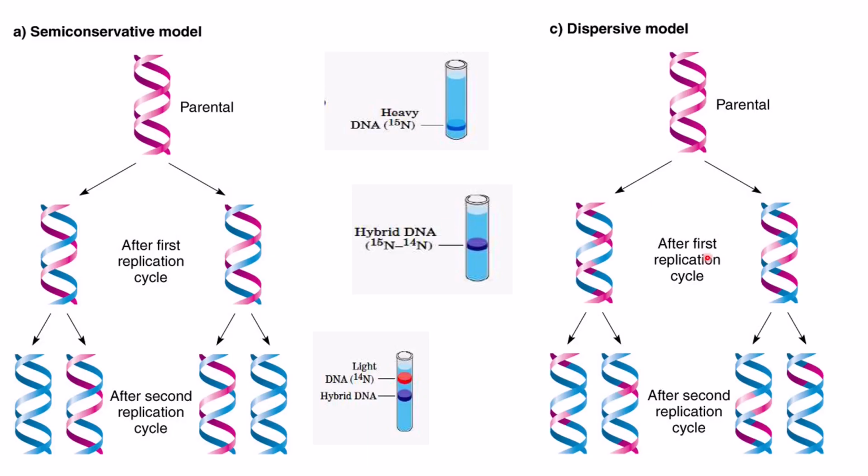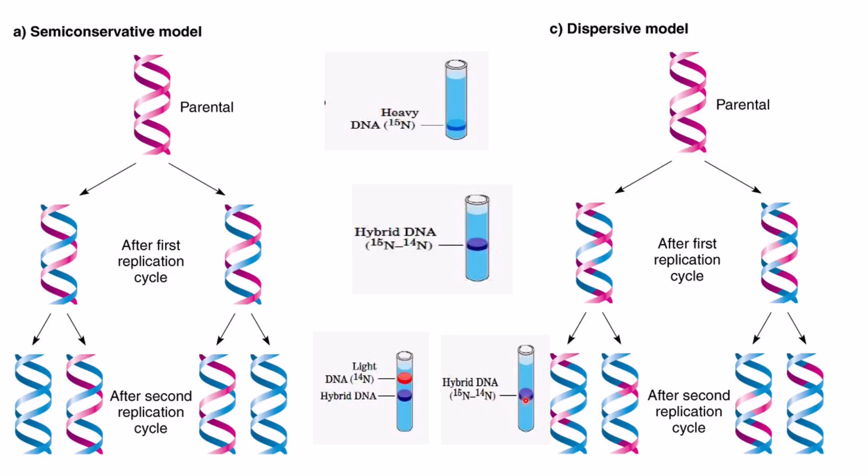Whereas if the DNA replication is dispersive, then after the second round of replication, as you can see, all the 4 daughter duplexes here are made up of a mixture of heavy and light DNA. This should be giving us one single hybrid band coinciding with the density intermediate to that of N14 and N15 DNA.